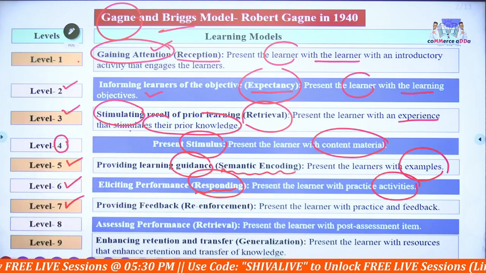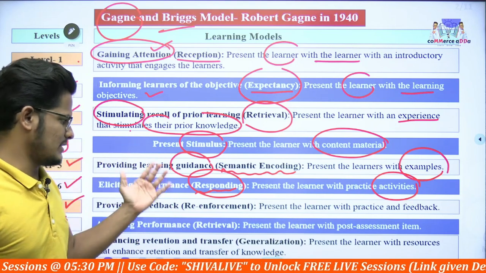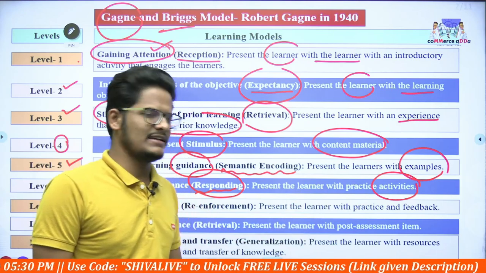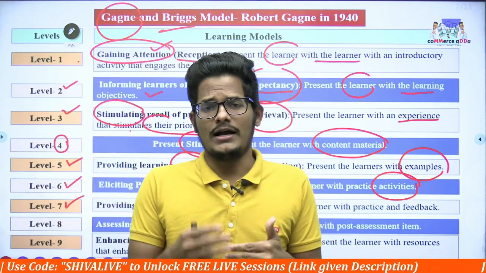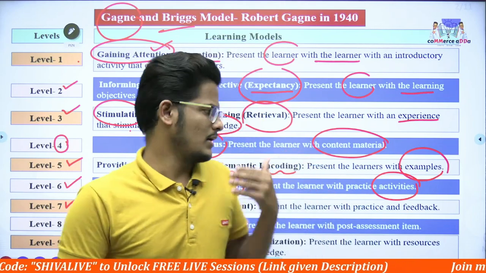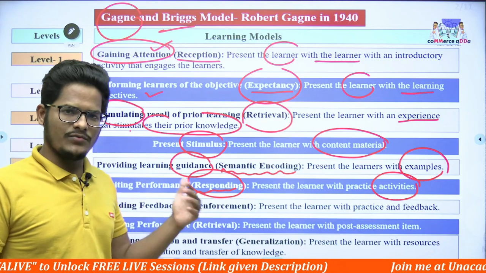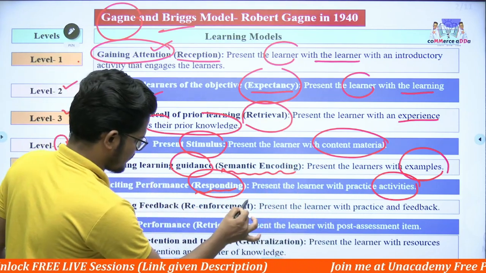Next, level number 7, providing feedback. Providing feedback after learning, reinforcement, which is presenting the learner with practice and feedback. Whether the learner understood what you taught or didn't understand, whether there is positive feedback or negative feedback, everything will be known in the reinforcement.